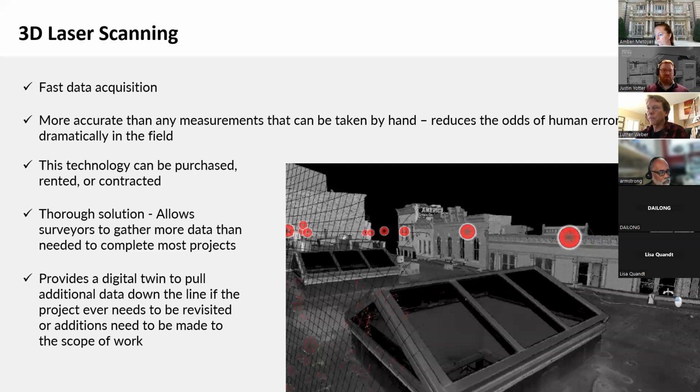So there are different levels of investment in the technology for you. And it's a thorough solution. It allows surveyors to gather more data than is actually needed to complete most projects for the as-built portion. It provides a digital twin, which we'll see a little bit later, to pull additional data down the line if the project ever needs to be revisited or additions need to be made to the scope of work.